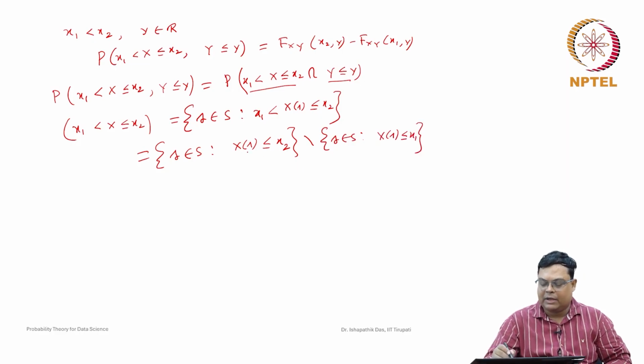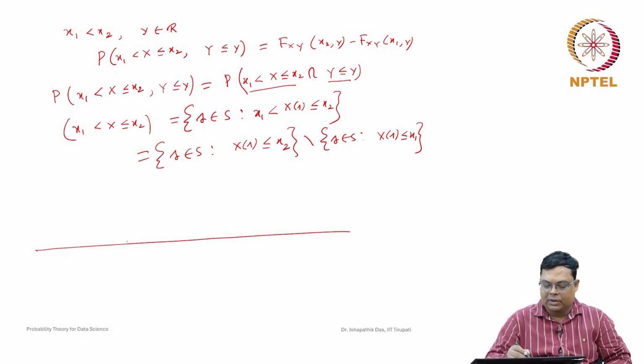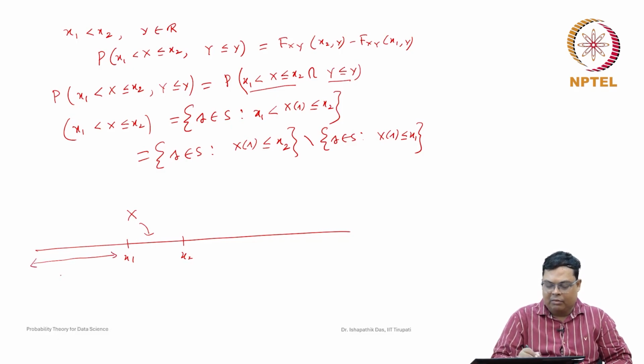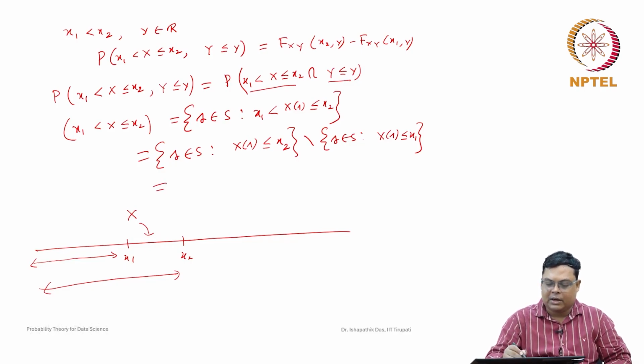Basically, there is x1 and this is x2. We want to find the probability that this random variable takes a value greater than x1 and less than or equal to x2. The event that the random variable takes values from minus infinity to x2, minus those from minus infinity to x1, is the interval we are finding. So it is X less than or equal to x2 minus X less than or equal to x1.